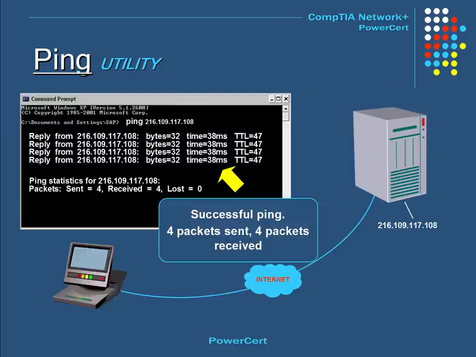For example, if we received a reply, then that means that there is general network connectivity between us and the destination. But if we did not get a reply, then that means that there is no reply from the host, and it could mean that there is no network connectivity between us.